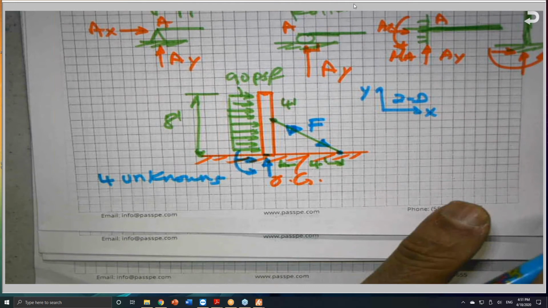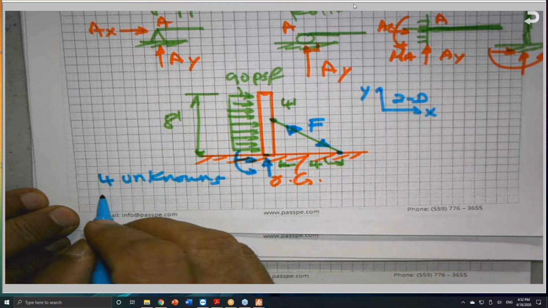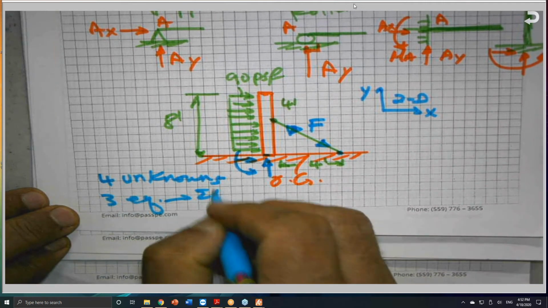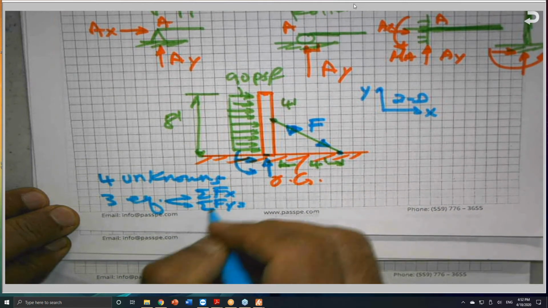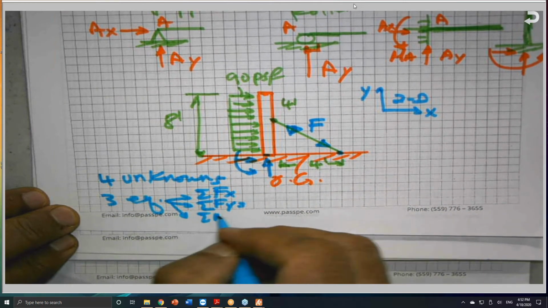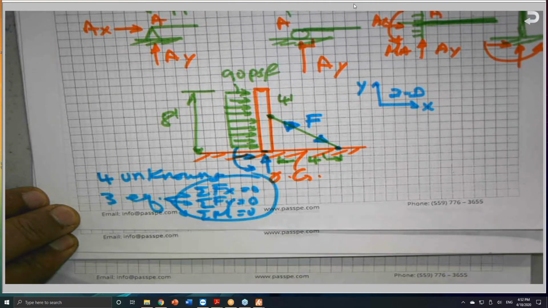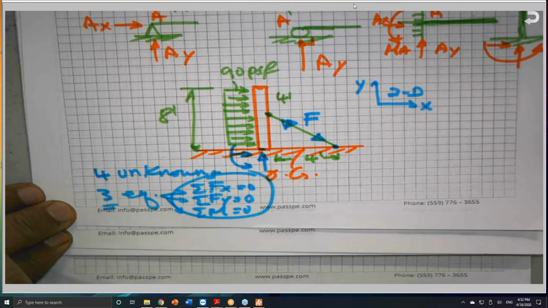Excuse me. A 2D system has three available equations: sigma force X equals 0, sigma force Y equals 0, and sigma moment equals 0. So I have three available equations and four unknowns.